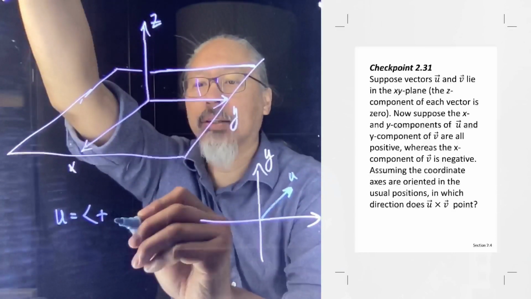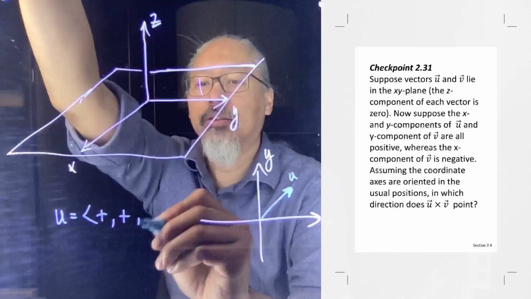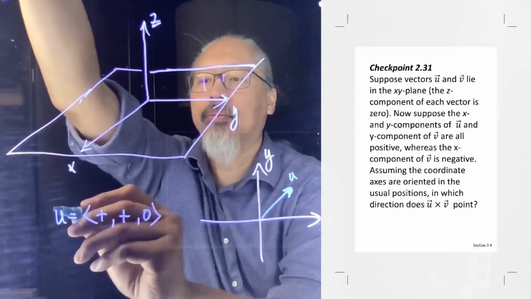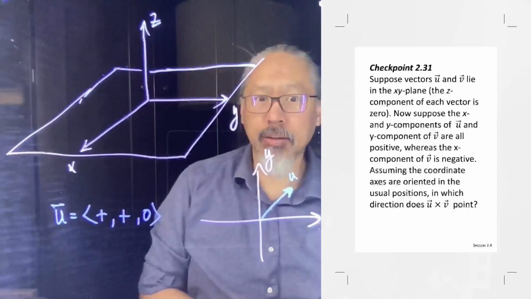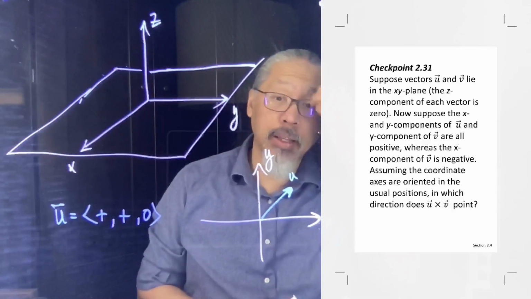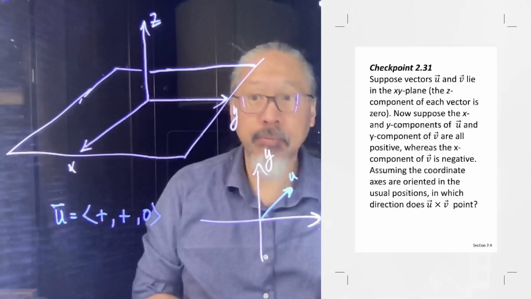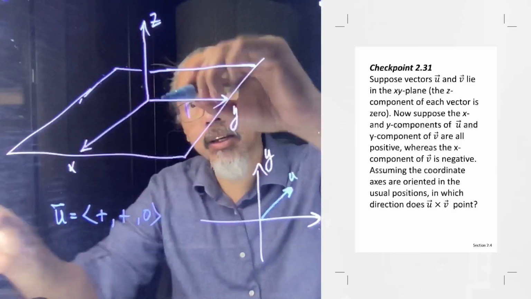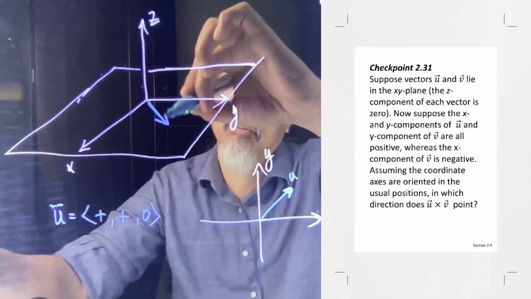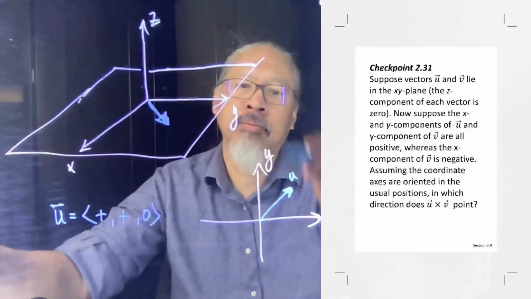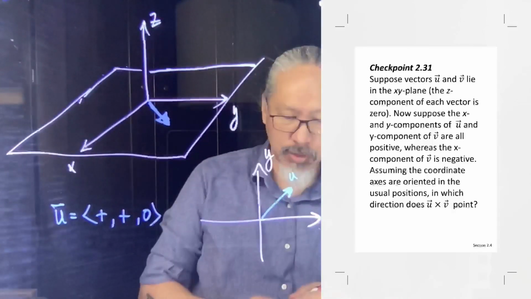I'm just going to put positive, and 0. So we got a positive number, and 0. And then v, on the xy space, would look something like this.